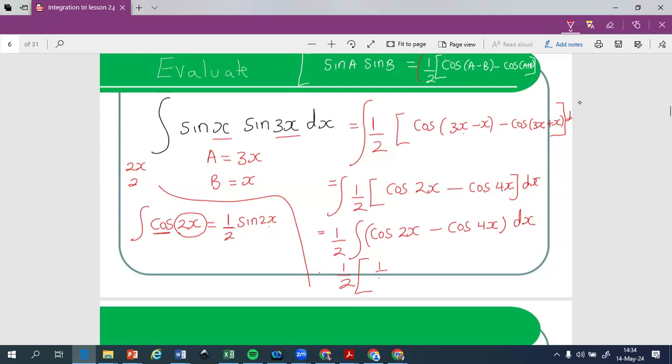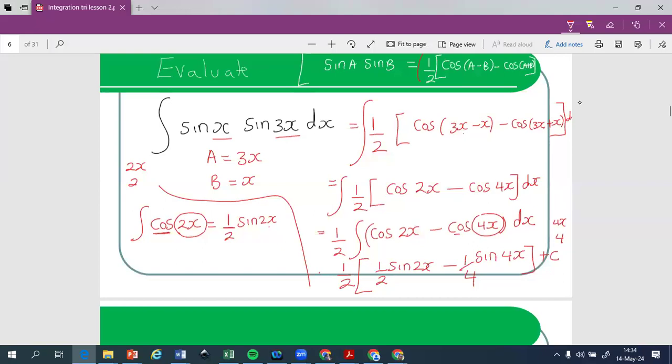So here I'll have a half sine of 2x minus, still do the same, differentiate this angle. When you differentiate 4x, we end up with 4. So I write 1 out of 4. Now the next task is I integrate cos. When I integrate cos, I'll end up with sine. Then I write my original angle as 4x. Then everything plus c.